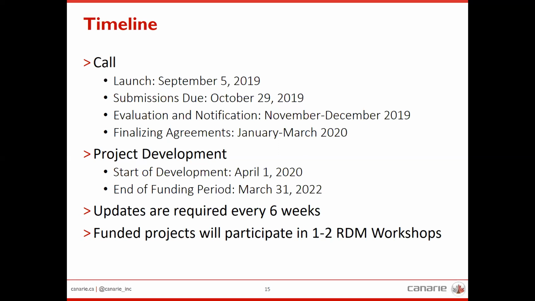And as with the previous RDM workshop, which took place this past January, the goal is to have the funded project participants participate in, at this point in time, we're assuming one RDM workshop in each of the coming 2 years, and participants will be funded to attend. So those are just a couple of additional comments in terms of a timing context.